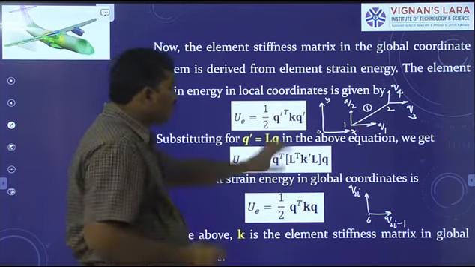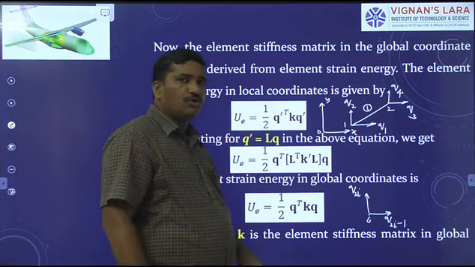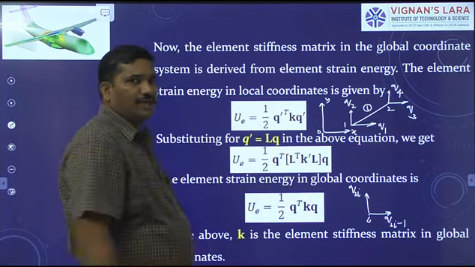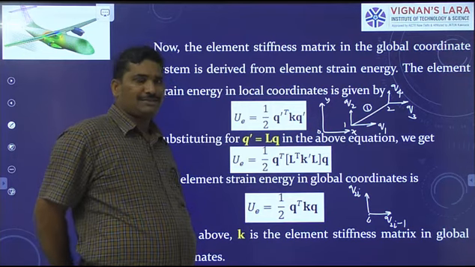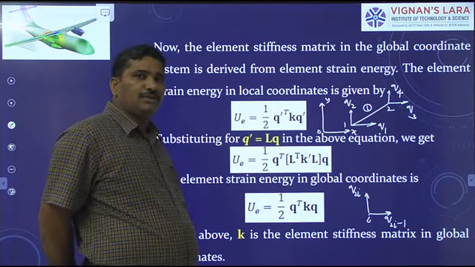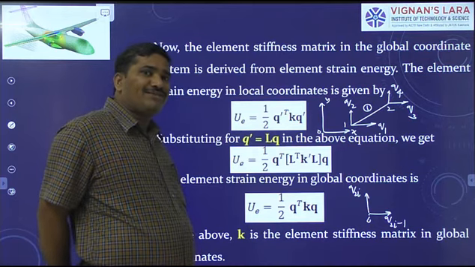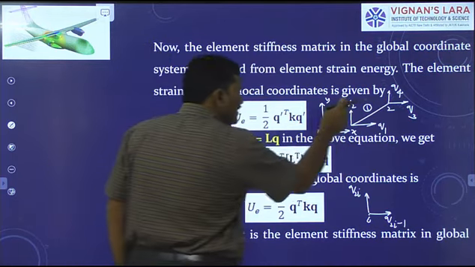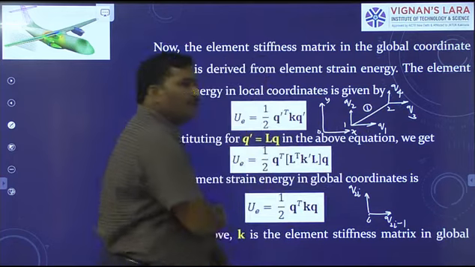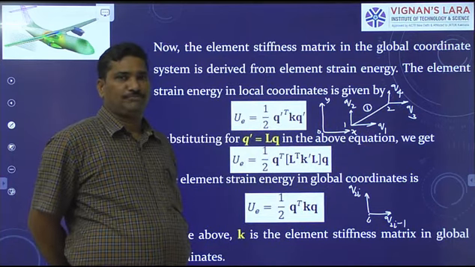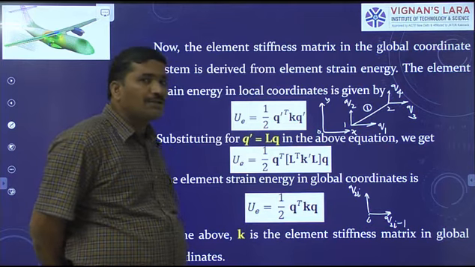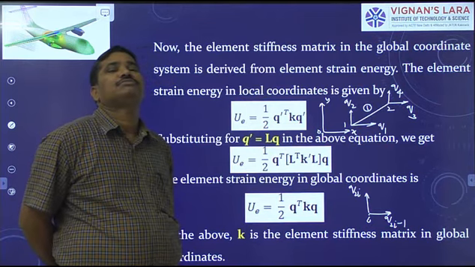With respect to the global reference frame OXY, if you prepare the element stiffness matrix, the size of the element stiffness matrix for the truss element with respect to the global reference frame is 4 by 4, because at each node there are 2 degrees of freedom.